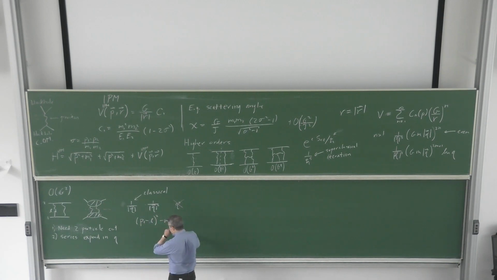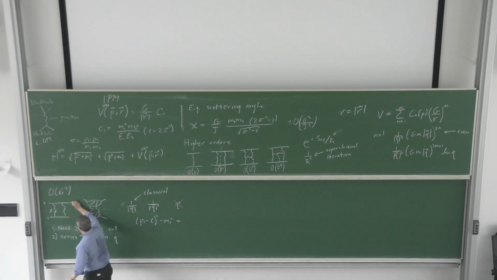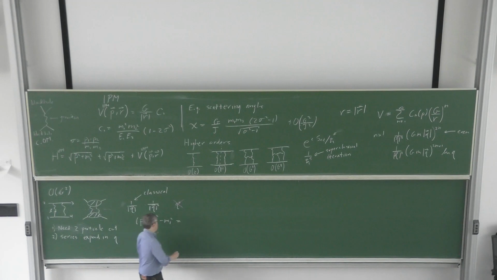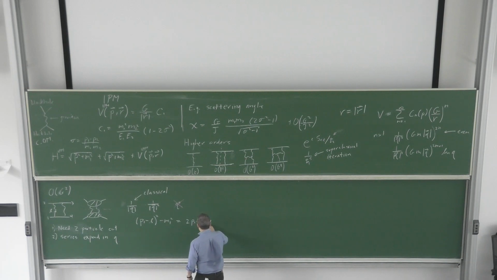And I can expand that. So P1 squared is M1 squared, and then we get 2 P1 dot L, and then plus, there's a minus sign, plus L squared.